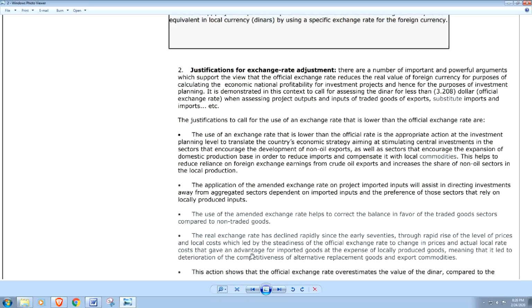That gave an advantage to imported goods at the expense of locally produced goods, meaning that it led to deterioration of competitiveness of alternative replacement goods and export commodities.